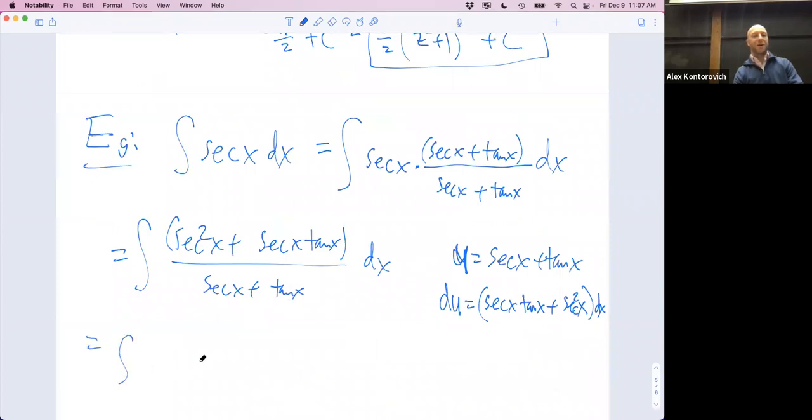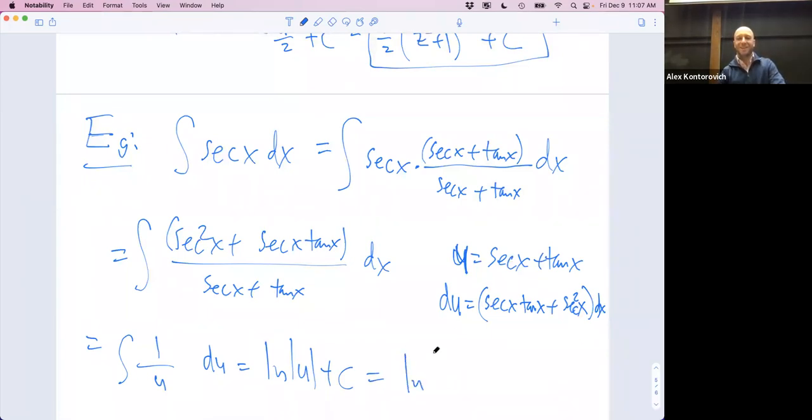So this is an integral of du times 1 over u, which is ln, absolute value, plus c, and u was secant plus tan.